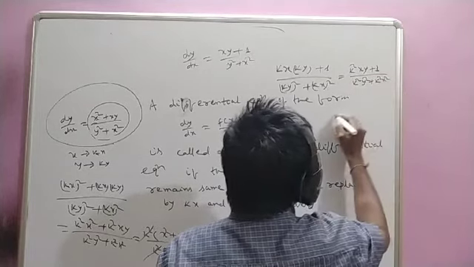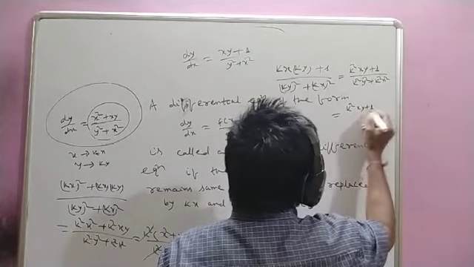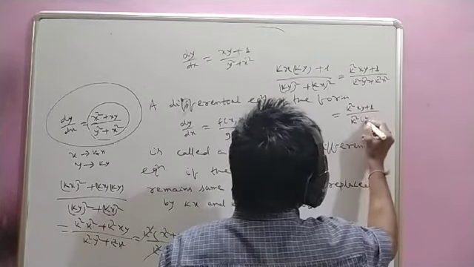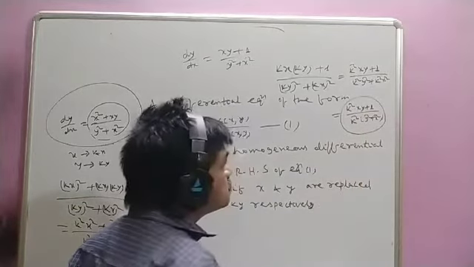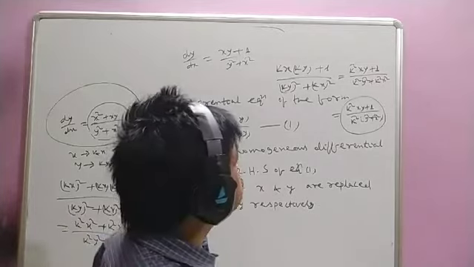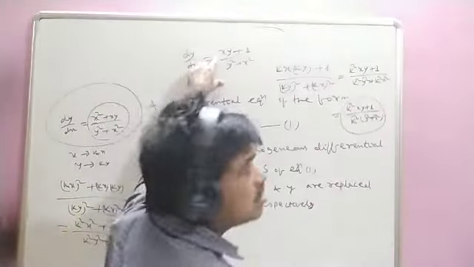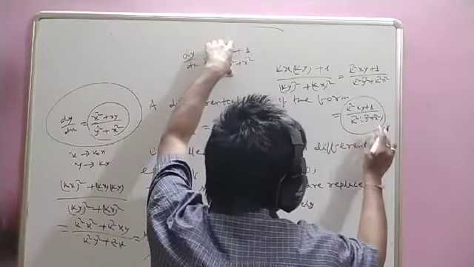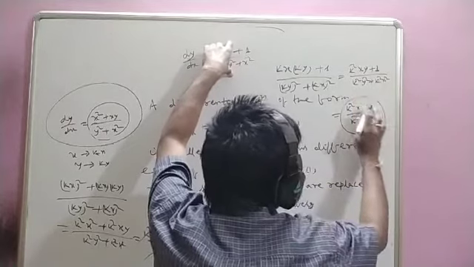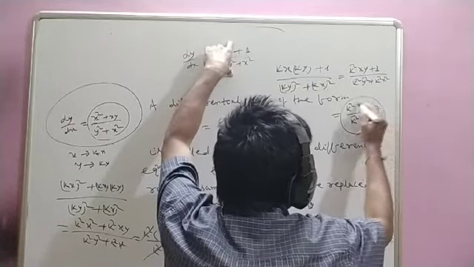In the denominator you can take common k square, then you have y square plus x square. Now, are you getting the right hand side of the differential equation? No, because the k square multiplies only xy, so if you take common k square in the numerator, you get xy plus 1 by k square.